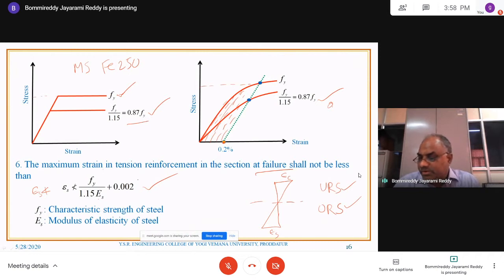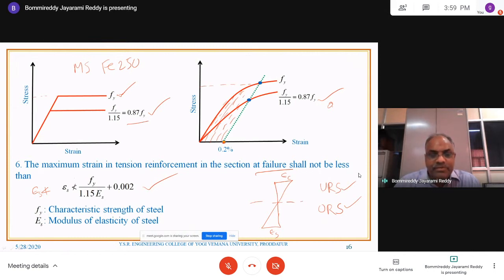So the strain in steel should not be less than this value. Normally the generalized concept is that stress should not be more than some value. But here it is the reverse. Strain should not be less than this magnitude. When the strain is more than this value, ductility is imparted to the concrete.